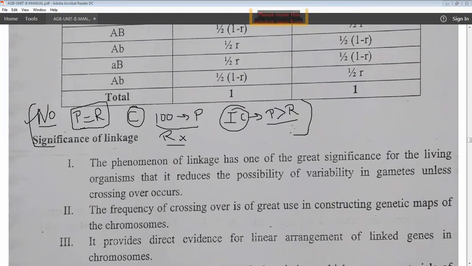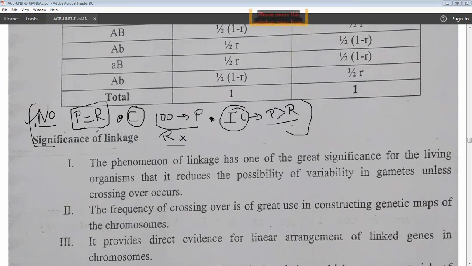Okay, these are the three major rules which you have to remember. In the case of no linkage, parental and recombinants will be equal, since if the gametes are more, then obviously the chances will be equal.